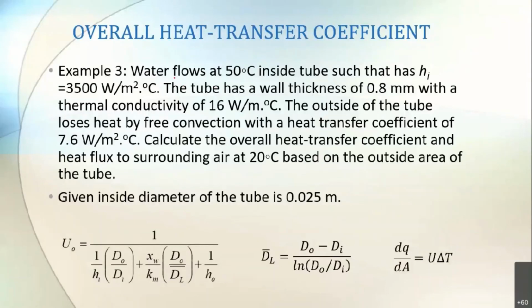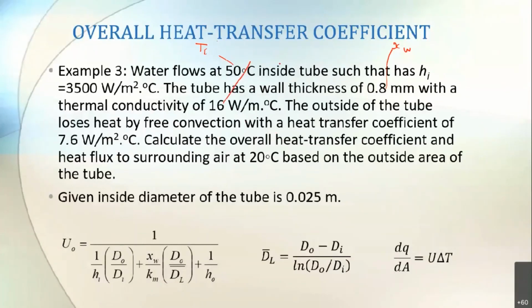So if you want to start everything again, start with labeling everything. So 50 degrees Celsius, this is your T inside. And then you know your HI, and then you know 0.8 mm is your XW with a thermal conductivity of 16.